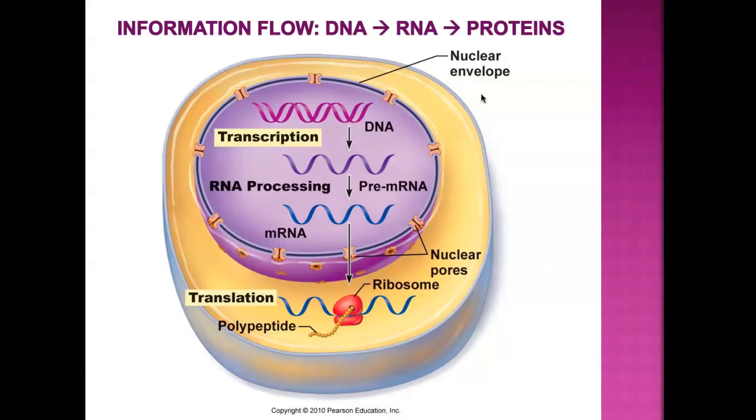If those cells have the exact same DNA, identical DNA, shouldn't they be doing the exact same thing? And the answer is no. They have identical DNA, but some DNA is expressed in your eye and other DNA is expressed in your stomach. So just because your stomach cell has all the DNA, it's not using all of it. It's just using the DNA that helps the stomach cell do its job, which is to digest food and to absorb nutrients.